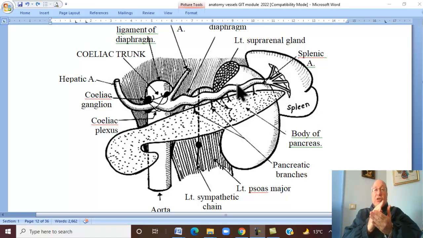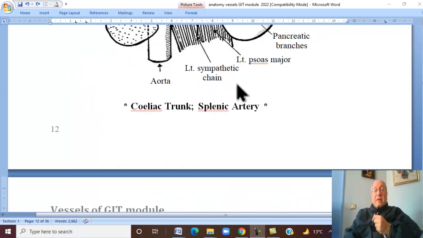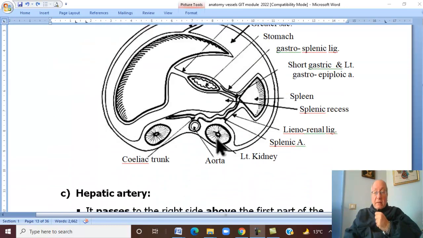When the splenic artery reaches in front of left kidney, it needs to reach the spleen, which lies at an anterior level to the kidney. How does the splenic artery pass to the spleen? This is the celiac trunk.